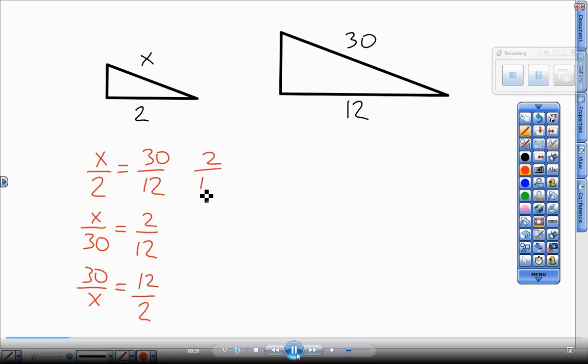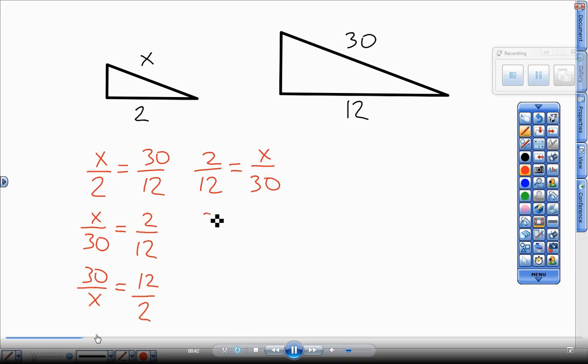If I do 2 over 12, so this long side, this bottom over 12, that one would be great too, as long as I did x over 30. So again, this long side of the small one, the bottom, 2 over the bottom of the big one, is equal to the slant of the small one over the slant of the big one, x over 30. So those are all combinations.